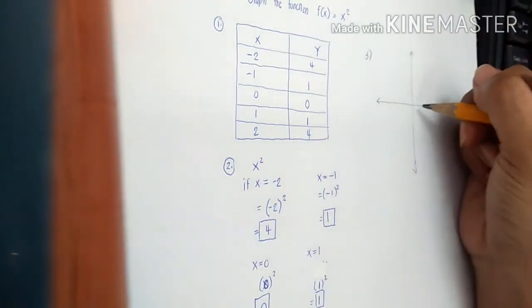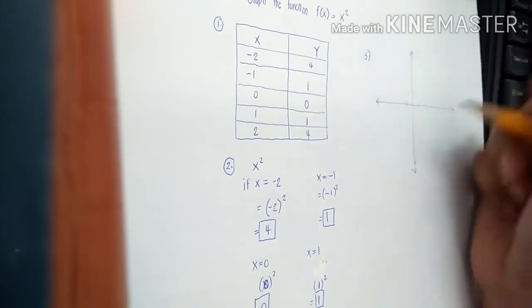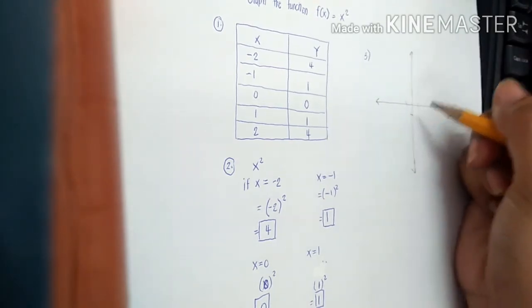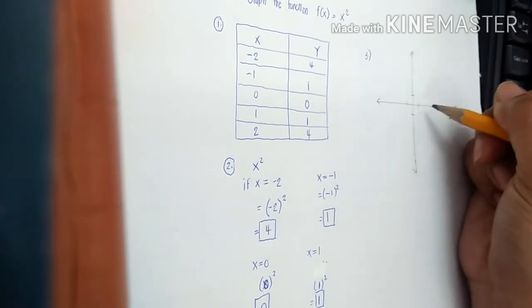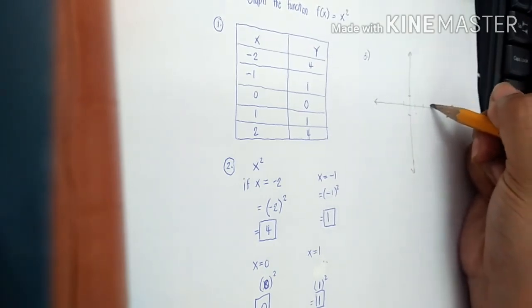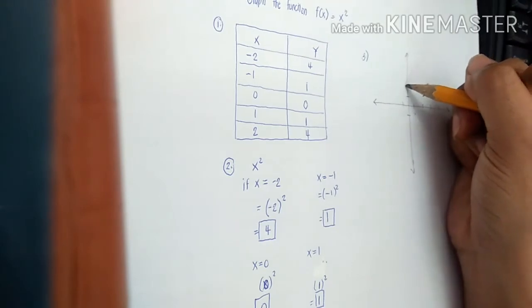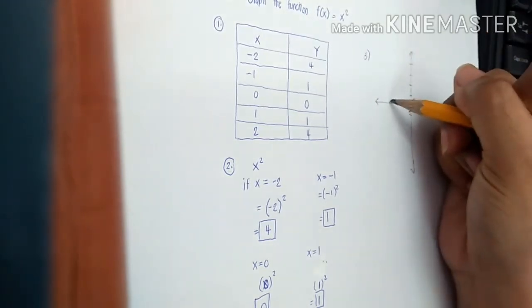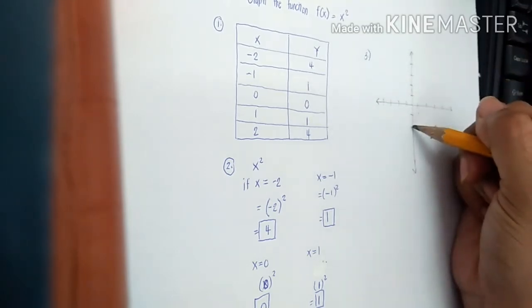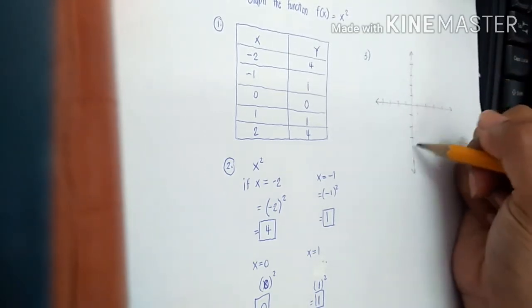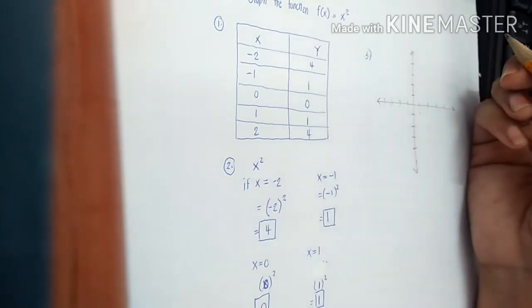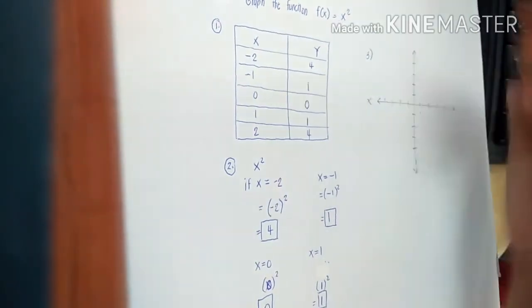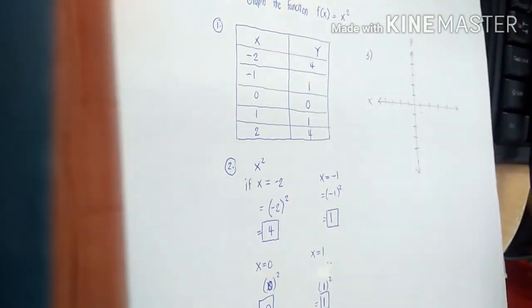Make sure they have the same distance. So this is 1, 2, 3, 4, and 1, 2, 3, 4. So this will be x and this will be y.